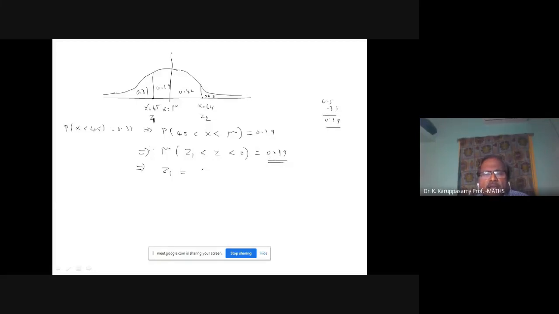For the time being, I can give the answer, but afterwards I will explain how to get this answer from the textbooks. Q of 0.5, because 0.19.